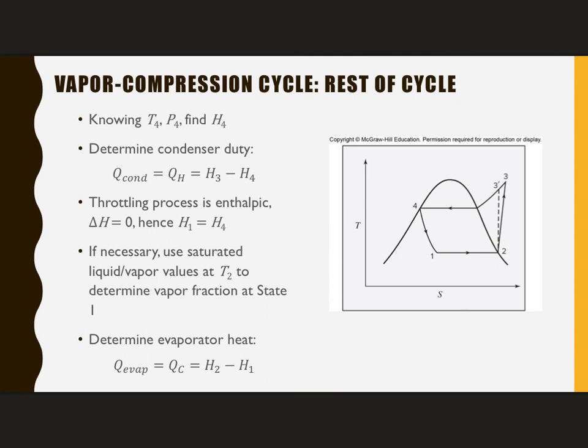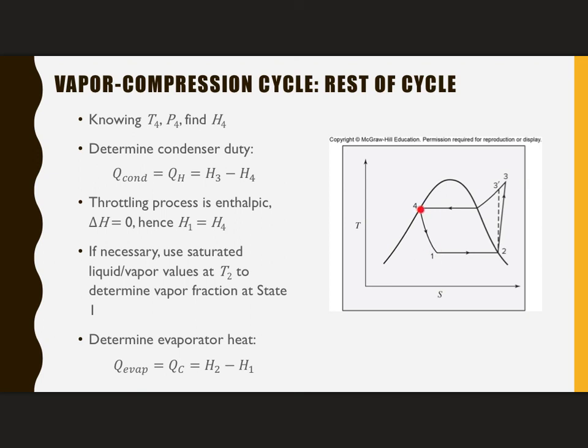The rest of the cycle is pretty easy to calculate. Once you have H3, all you need to do is take the enthalpy at saturated liquid for that pressure, which is going to give you H4. H3 minus H4 will give you QH. We know that from 4 to 1 is the throttling valve, and so that is isenthalpic.